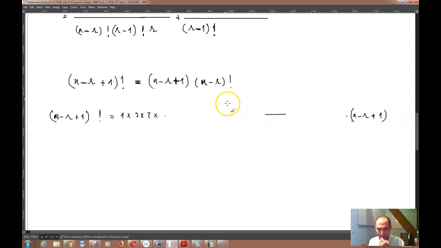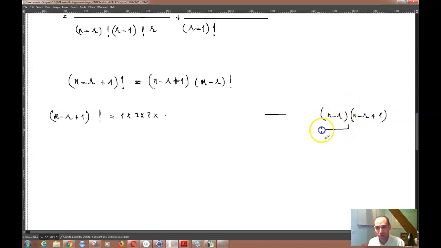Now if I want to get the term that comes before this, I would get n minus r factorial. Of course, the term before this would be, if I subtract the 1 from here, n minus r.